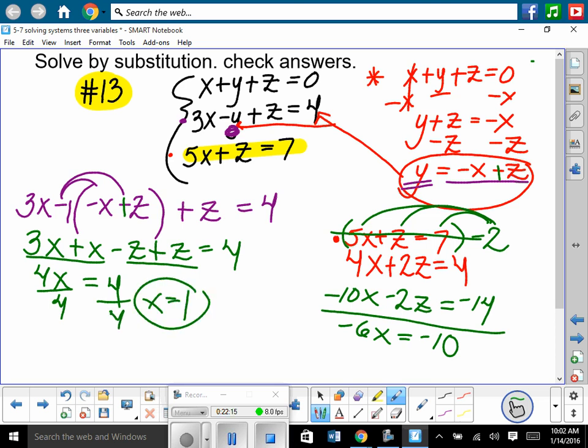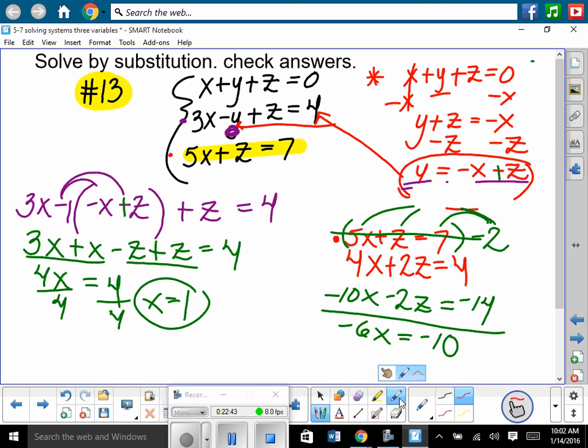Now isn't it easy to solve for z? I'm going to plug it back into one of my equations up here where there's only an x and a z. So I'm going to solve by plugging it in. Do you see y? So we have y is equal to negative x, so y is equal to negative 1 plus... No, that didn't help us.